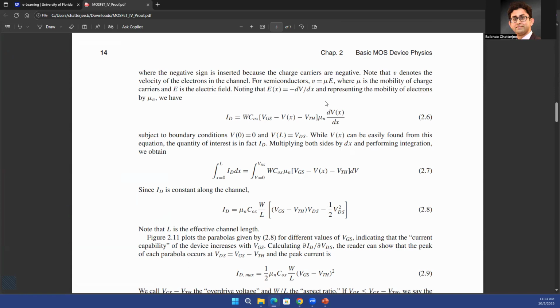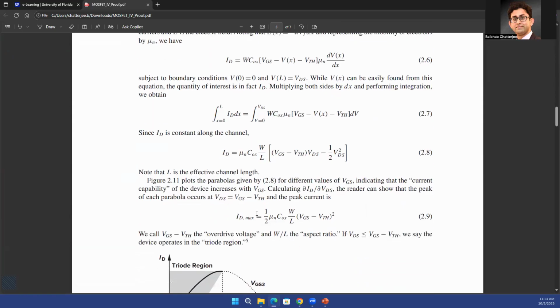But VDS may not be a small value, or the length L may not be a small value. In that case, the exact calculation would be done through this derivative, mu times minus dV dx. And then you do an integration instead of just putting VDS over L, what we did in the slides. You'll come up with the same formula eventually if your VDS is very small.